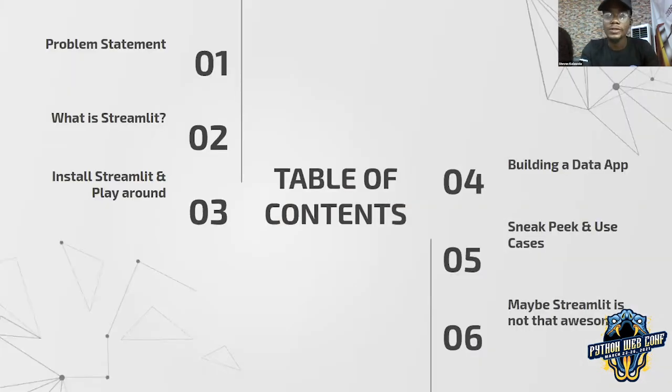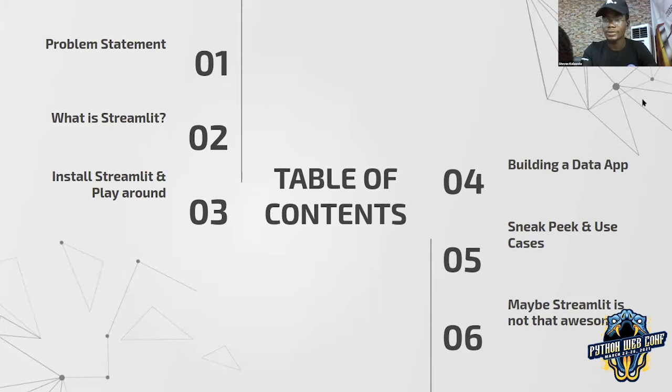In this talk, we'll be talking about the problem statement, why we need something like Streamlit in the first place, and then I'll try and deconstruct what Streamlit is all about, and then we'll try and play around with it. Install Streamlit and figure out how it works.